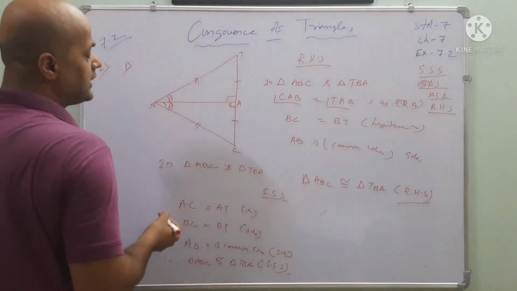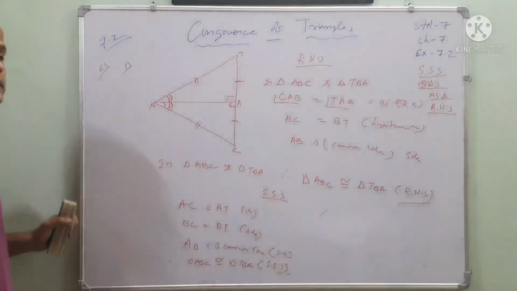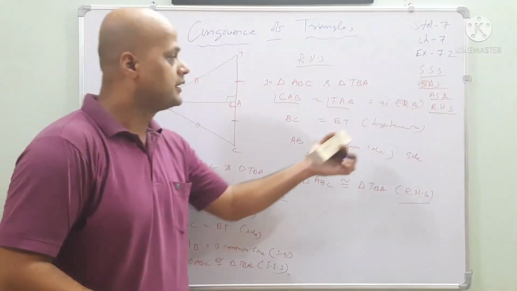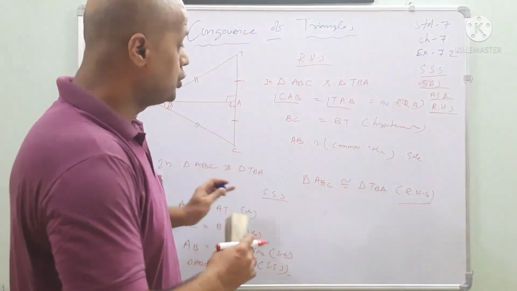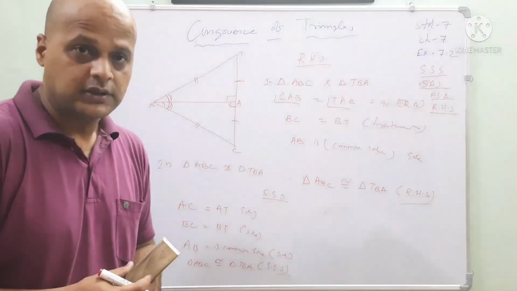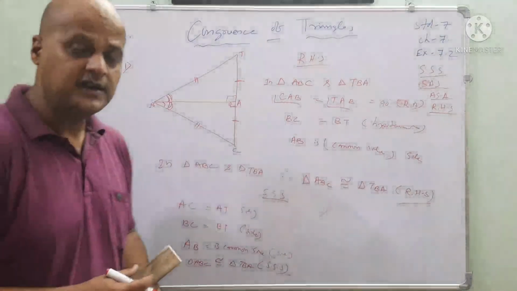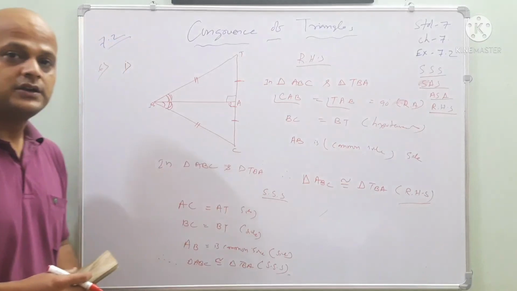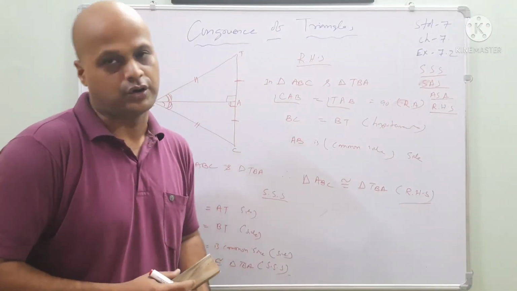This one is also right angle. Angle is given, and take this side. Okay, it also follows what? Angle, side, angle. So all the rules are implemented in these two triangles, that is, ABC and TBA. Okay, in this manner you have to prove whether the triangles are congruent with each other.